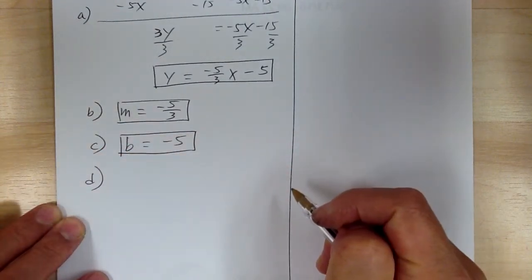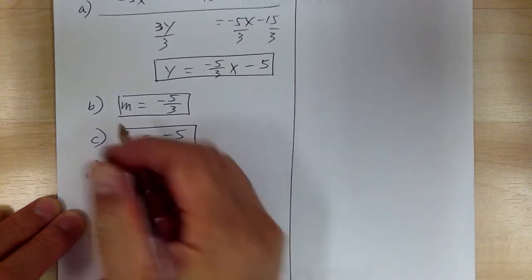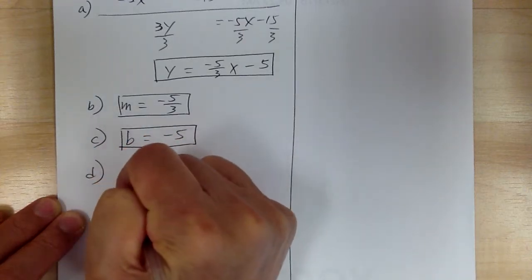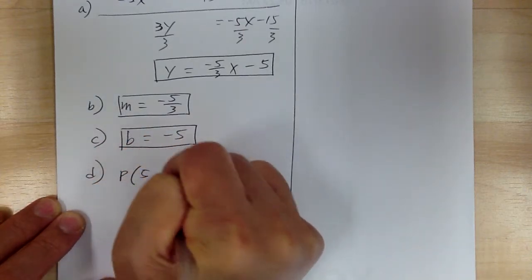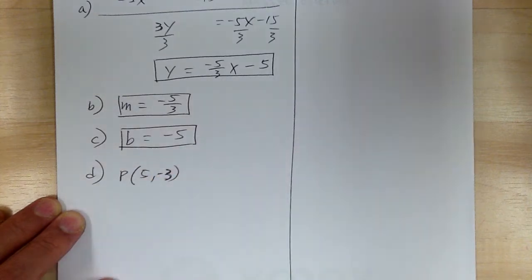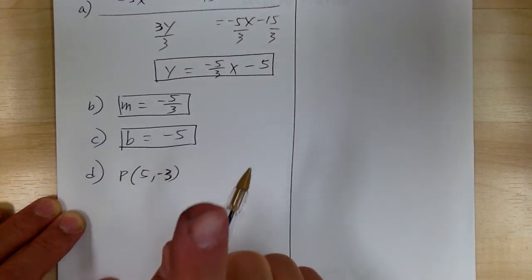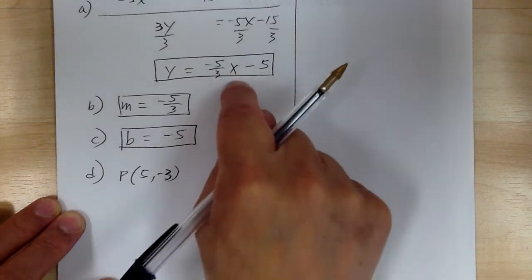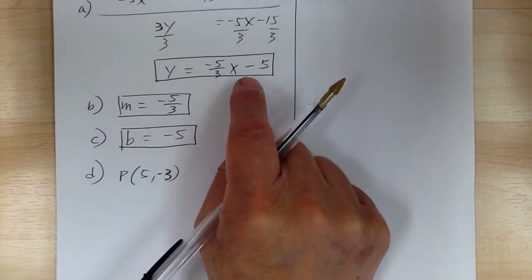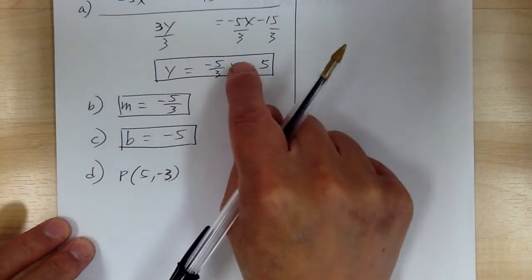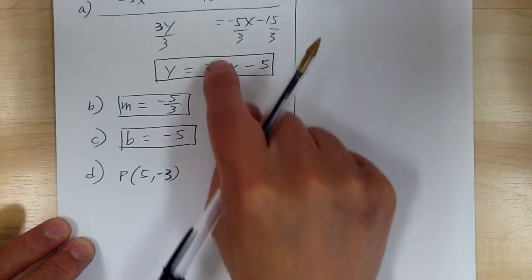It says write an equation of the line that passes through the point 5, negative 3. Remember, when you write an equation, you need two pieces of information: you need the point and you need a slope. You have the point, and the next thing is that it is parallel to this line. If it's parallel to that line, that means we have the same slope.